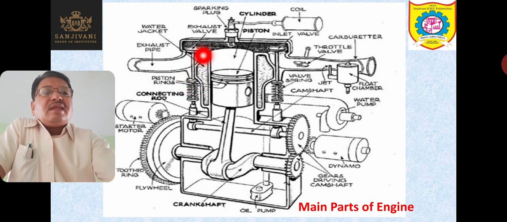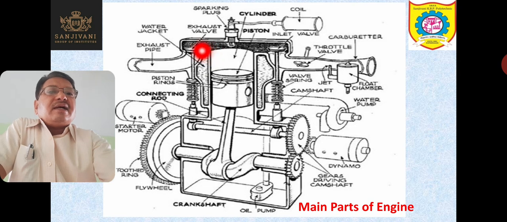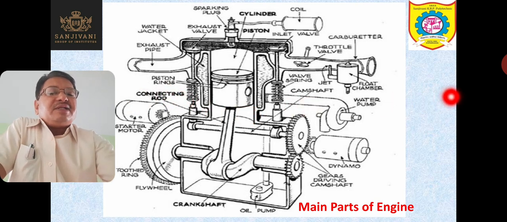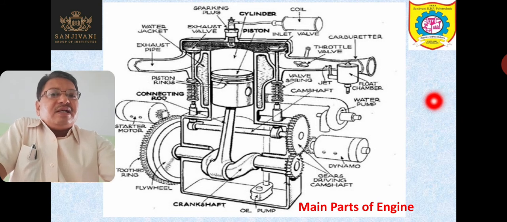So during the exhaust stroke, the exhaust gases move out of the engine cylinder, and as you can see, this is the water jacket which is present around the engine cylinder. So these are the various parts of the engine. It is necessary to identify the various parts of the engine.